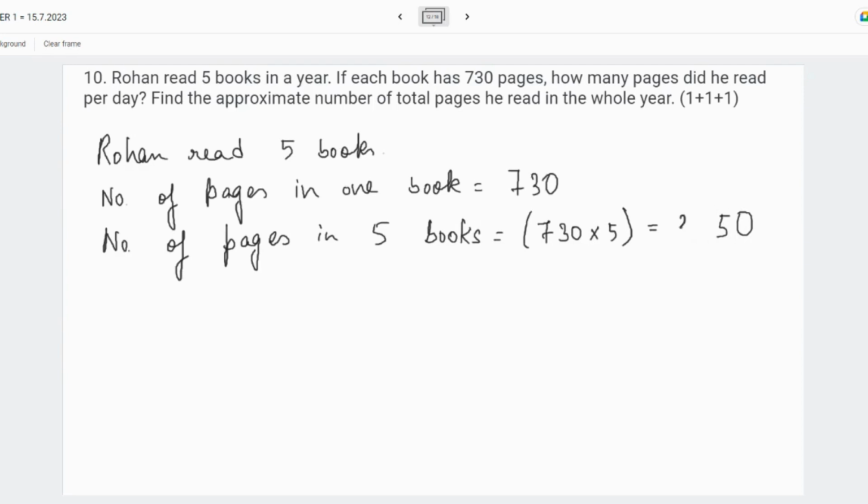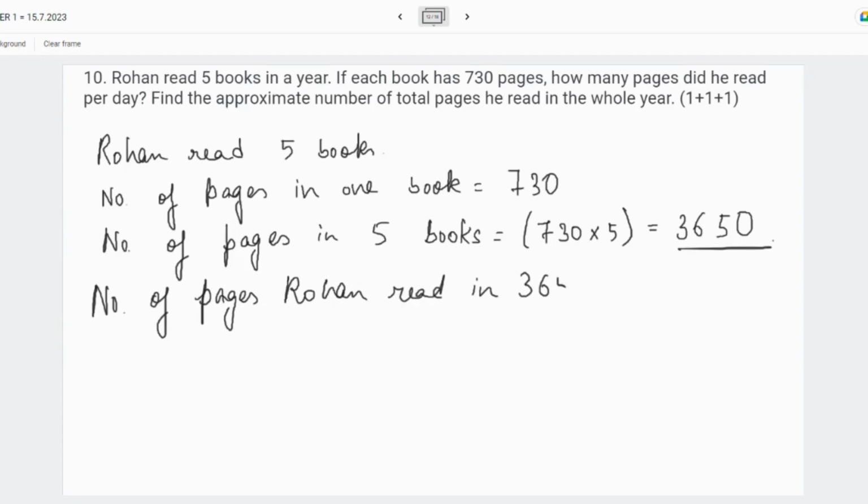So I have to multiply 730 multiplied by 5, which gives me 3650. Please do the calculation. So total number of pages Rohan read in the whole year is 3650.